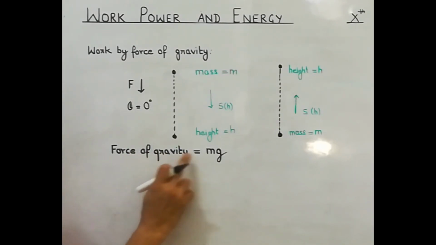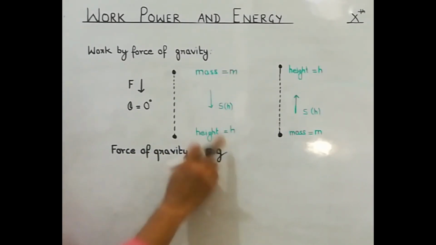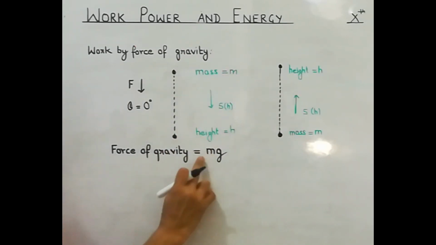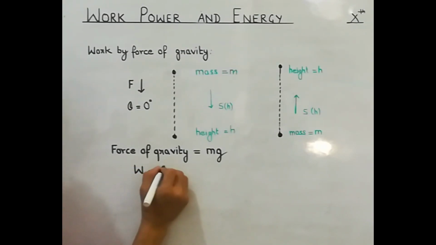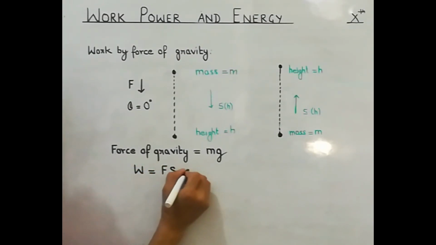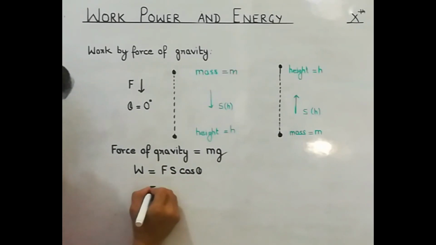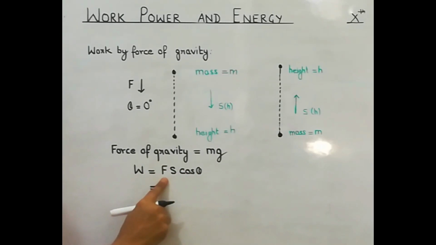And here the force of gravity acting on the body, which is of mass m, will be mg. Now you need to calculate work. We know the formula for work is Fs cos theta. Now F is the force of gravity, that is mg. S is the displacement.